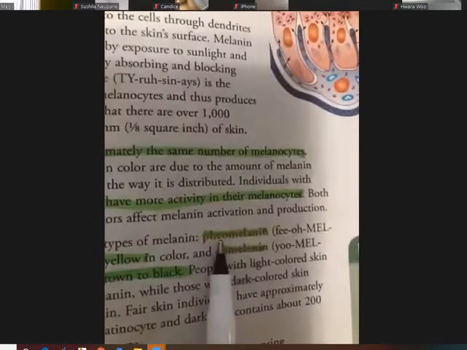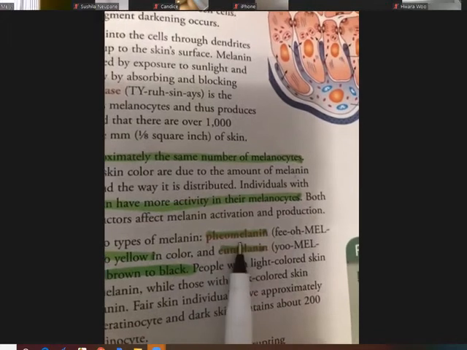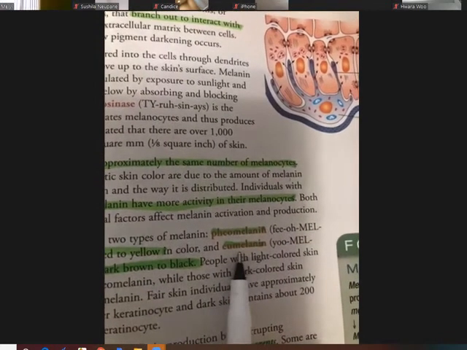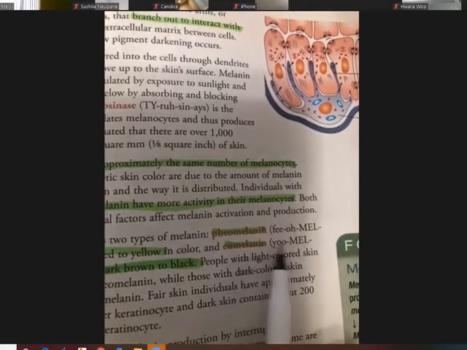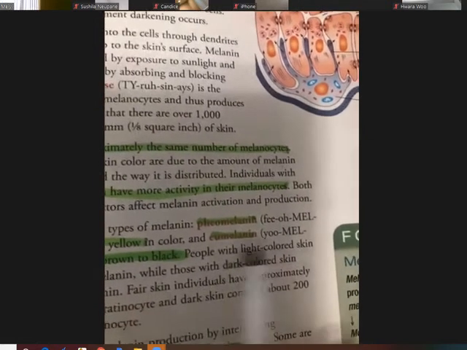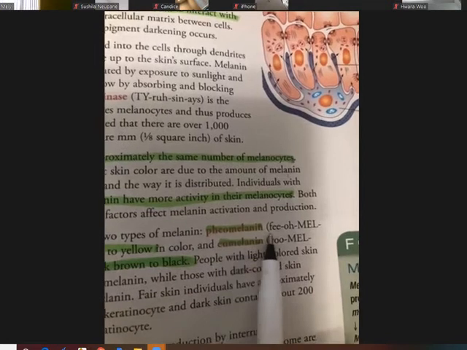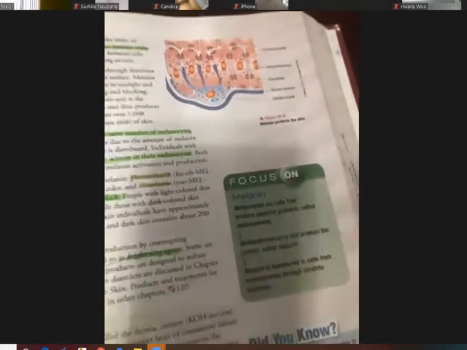One is called pheomelanin. The other one is called eumelanin. It's pronounced eumelanin and pheomelanin. So there are 2 types of melanin.